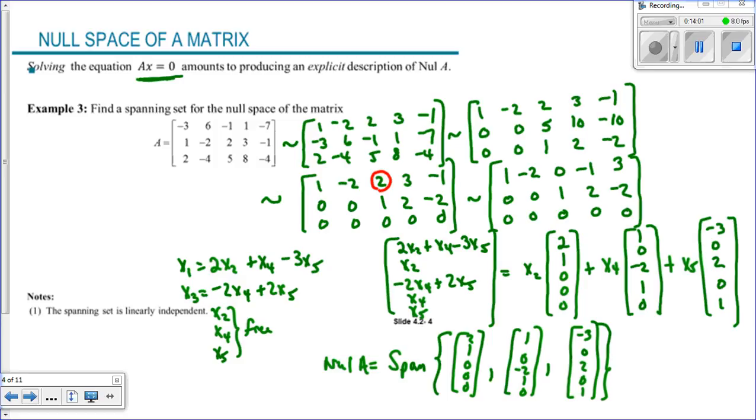The sum of any multiple of those three vectors will give you the null space. Now, because these are free variables, the three vectors here will be linearly independent. The only way that that sum can be 0 is if all three of the free variables end up being 0. So there's the definition of being linearly independent. So this spanning set will be linearly independent.